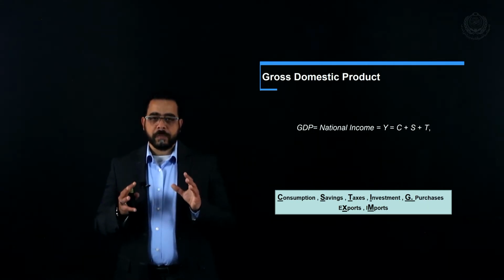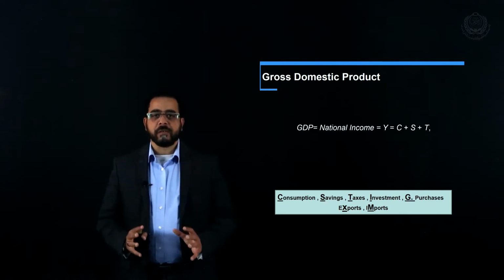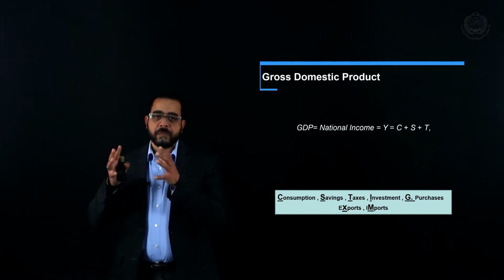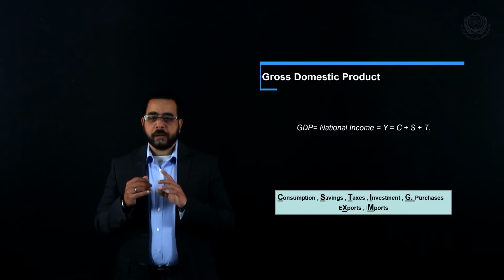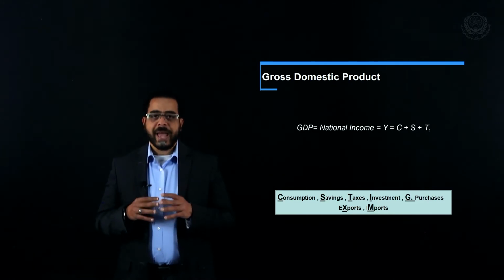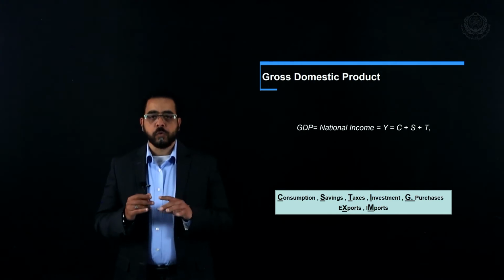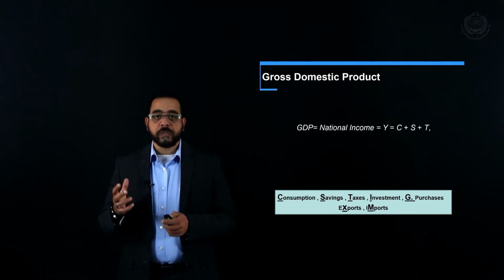So our author is reminding us that national income equals C plus S plus T. If you do remember, the whole story started by the households giving the firms the factors of production, and the firms in turn have given to the households the four sources of income, and we used as households these incomes to make consumption, savings, and to pay taxes. And this equals the national income.